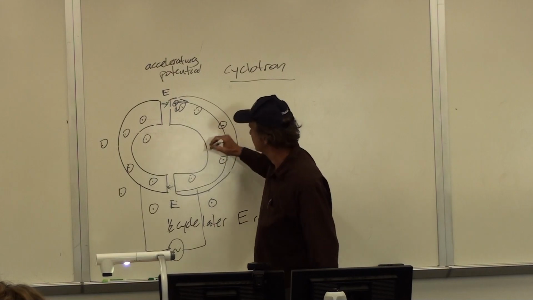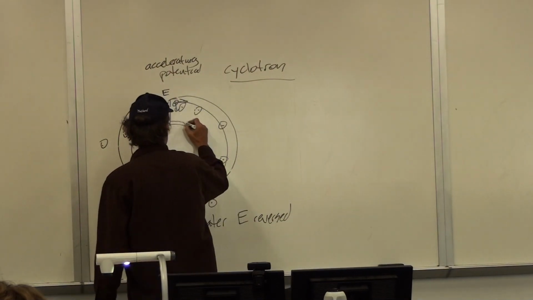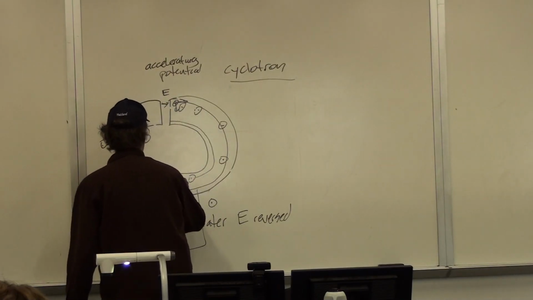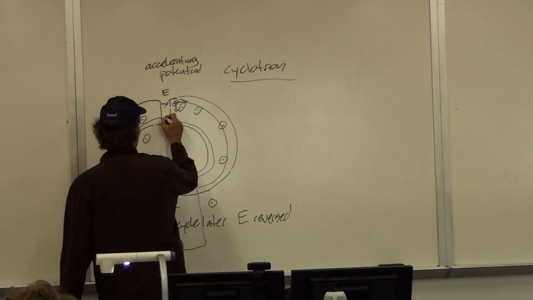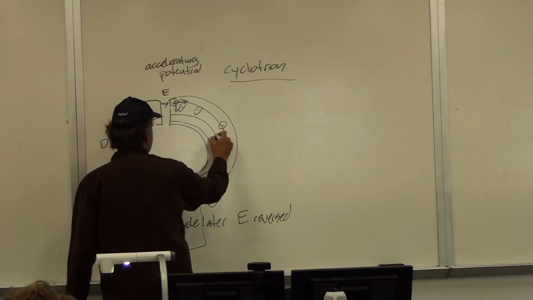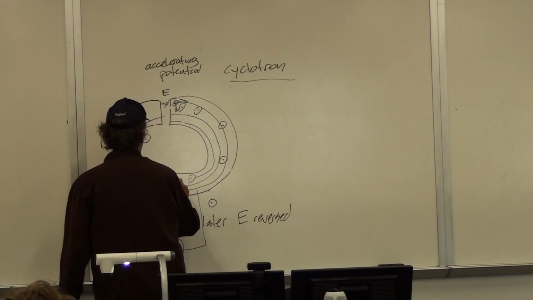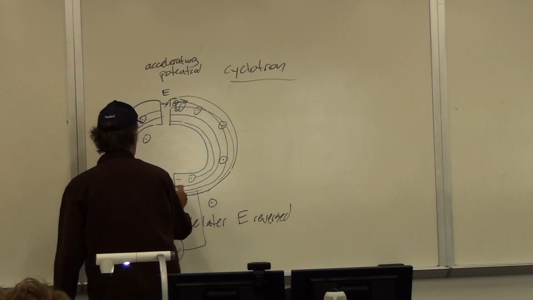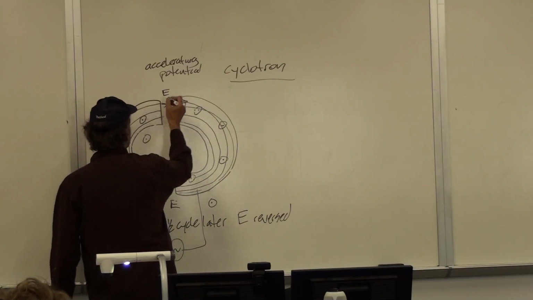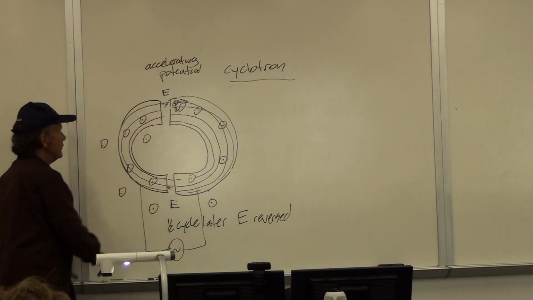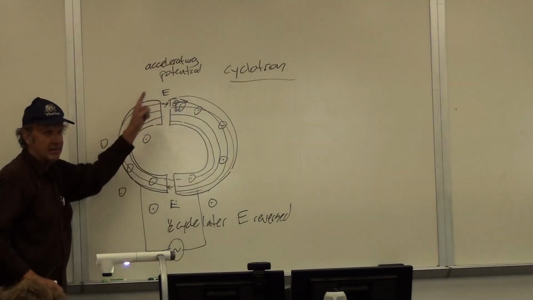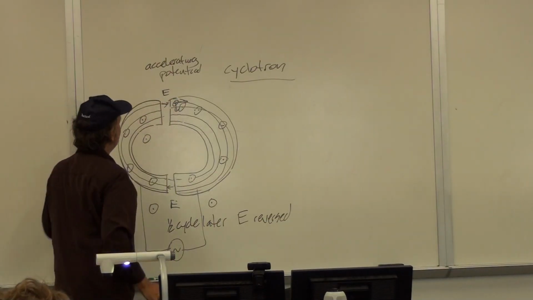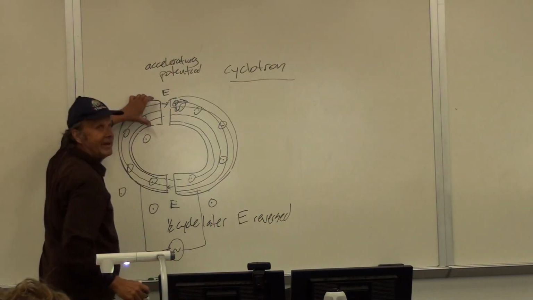a little more. So it's going to start out at some smaller radius, like this. And then it's going to be accelerated. It'll go to a slightly larger radius, accelerate it again, go to a larger radius, accelerate it again, over and over again. And the electric field keeps changing each half cycle in order to keep it accelerating until finally it reaches the point where you run out of radius.